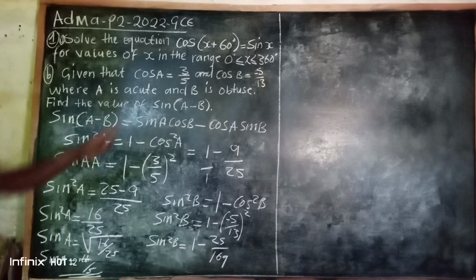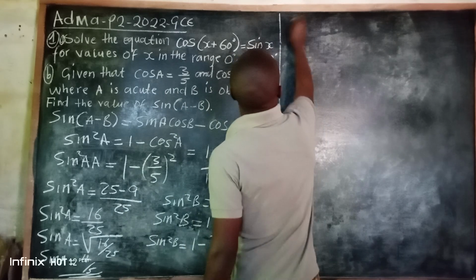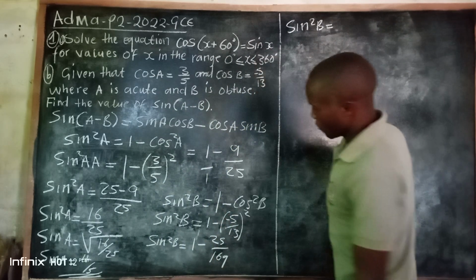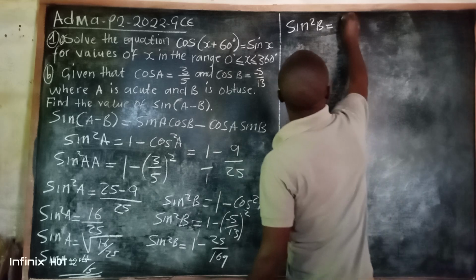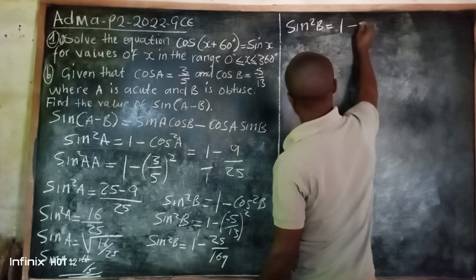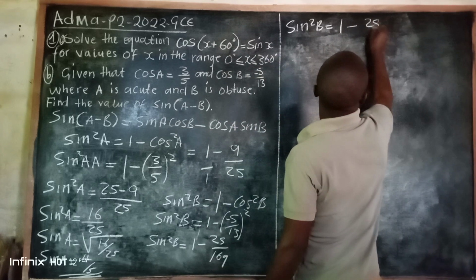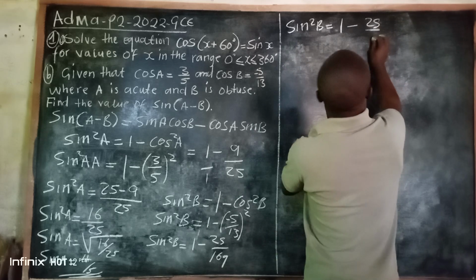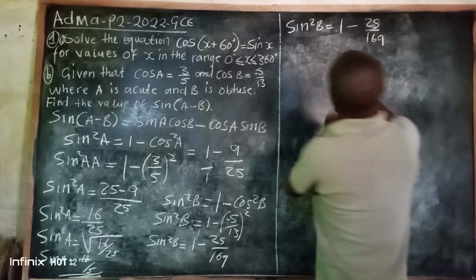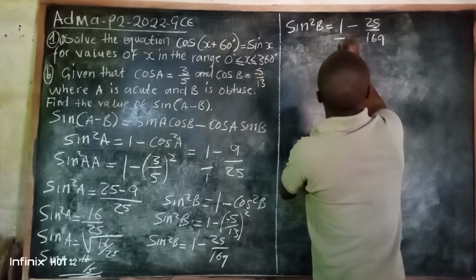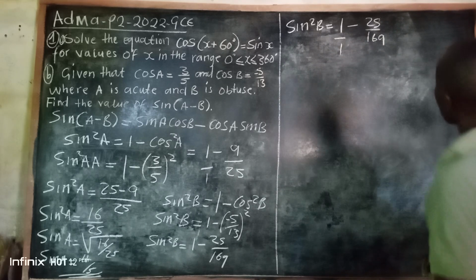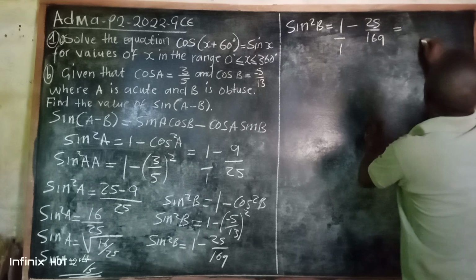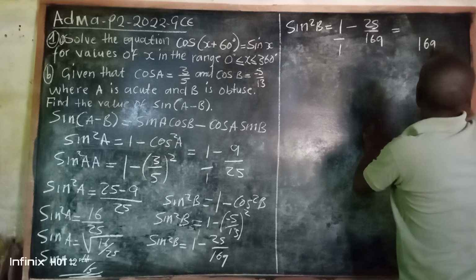Okay? So let us proceed. We are saying sine B squared is equal to, this time around we have 1 there, minus 25 over 169. So to simplify this one, 1 over 1. Then from there, the common denominator is 169.